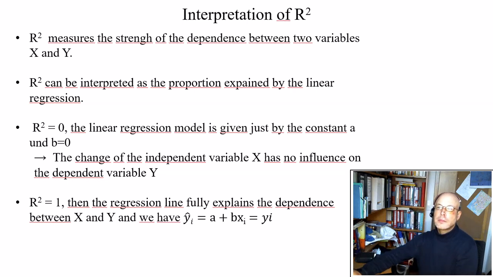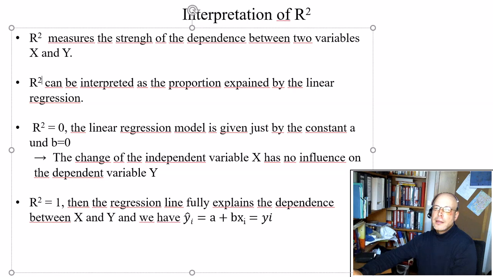Yeah, and this as a summary is the interpretation of our coefficient of determination. This is a measure for the strength of the dependence, so to speak. How good is our linear fit? With r squared is 0, we have no dependence, and with r squared is 1, we are lying with all our data points just on our line, so we are explaining 100%.